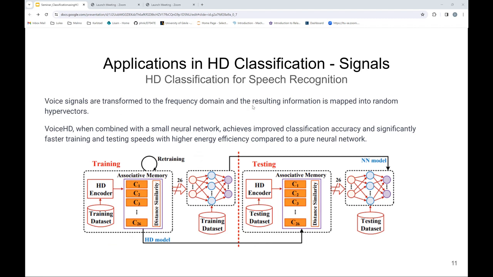The paper that examines and proposes voice HD was combined with a small neural network right here, and it was found to have improved the classification accuracy and significantly faster training and testing speeds compared to a pure neural network.